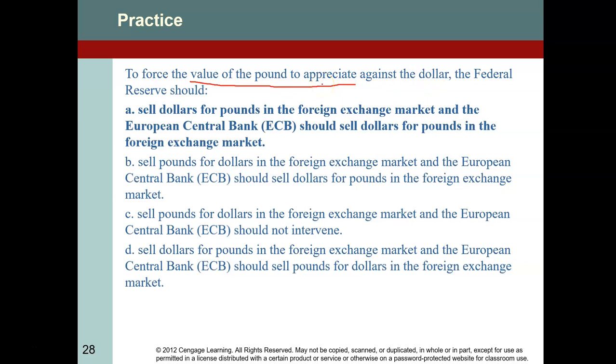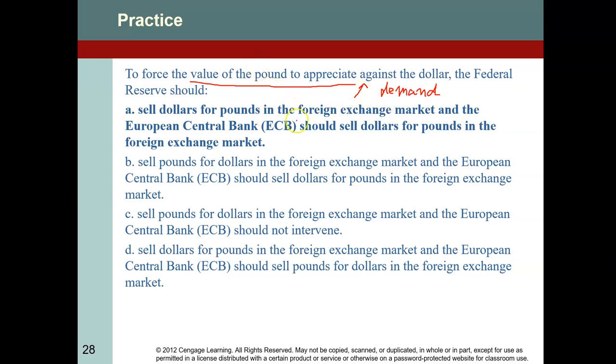If we want the value of the pound to appreciate, we need to increase its demand, or we can reduce its supply. But here all the options are about activities in the market. So here we're going to try to increase the demand for the pound.